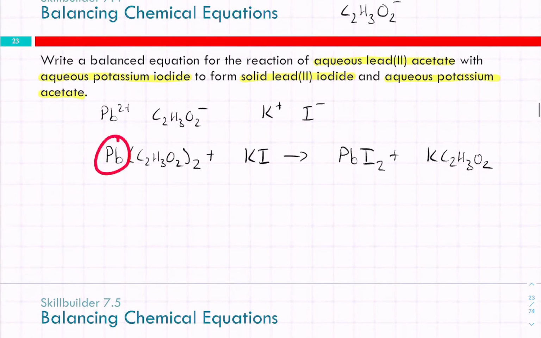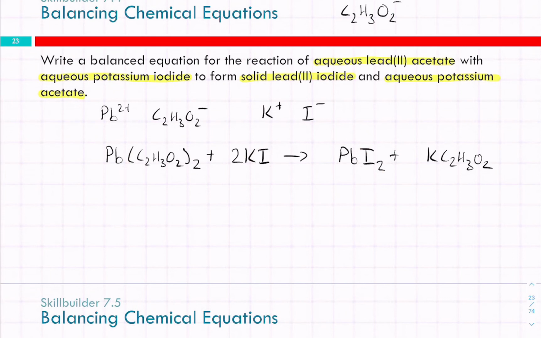So if we start with lead, we have 1 lead on this side, and we go over to the other side, we say, oh, there's only 1 lead here. Cool. Then I'll balance the next element there, iodine, or iodide. So there's 2 iodides there. And then we'll look over to this side and say, oh, iodine is here, but there's only 1 of them. So I'll add a coefficient of 2.